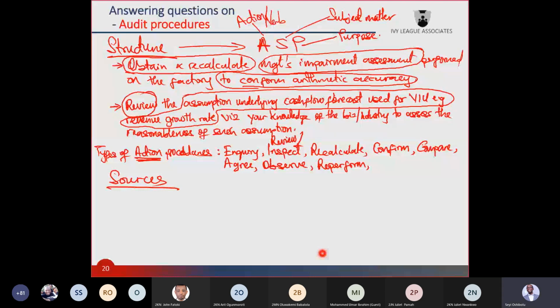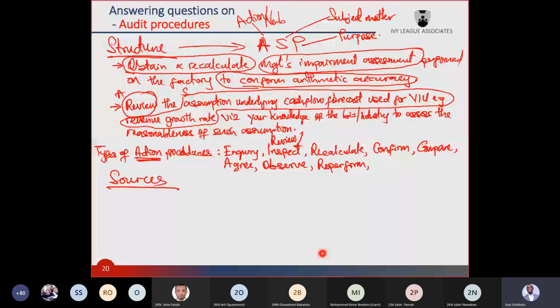So that's the S, A. Reasonableness of such assumption is my what? P. Purpose. So that's structure. I'm sure the point is clear. If it's not clear, you can ask questions.